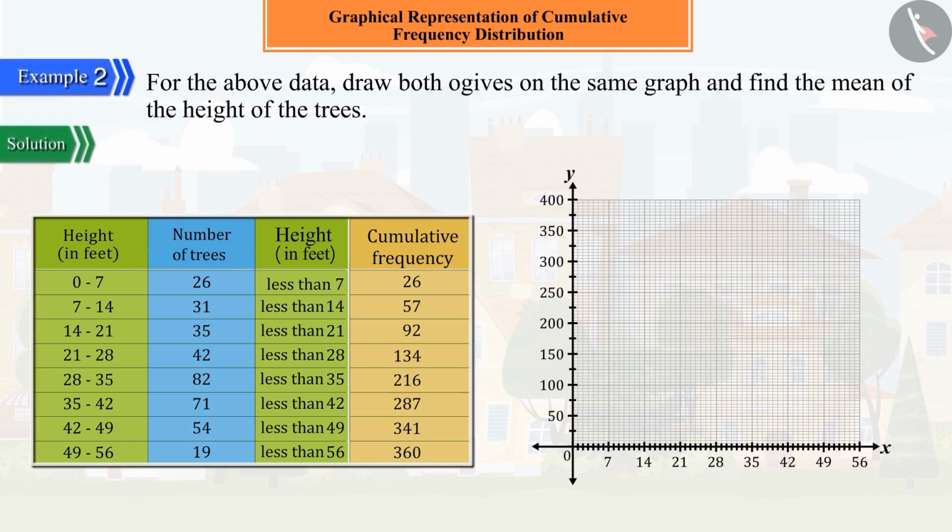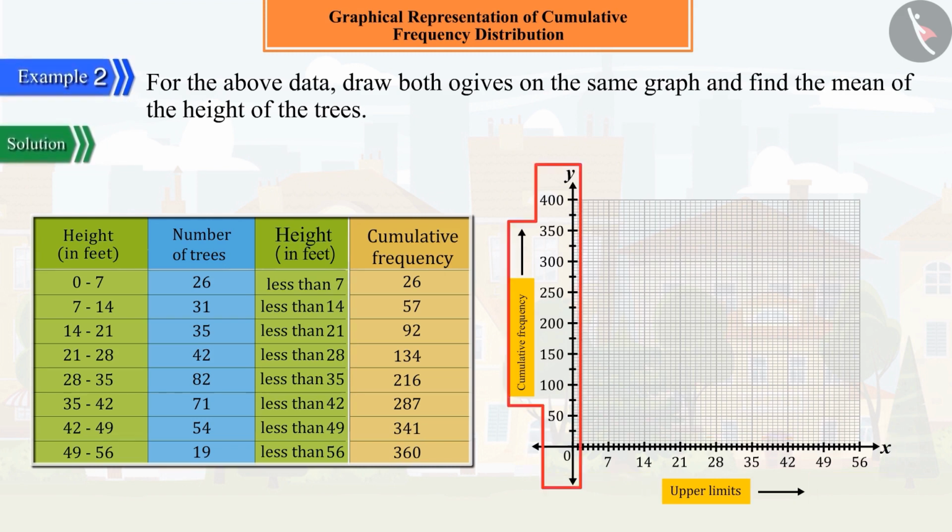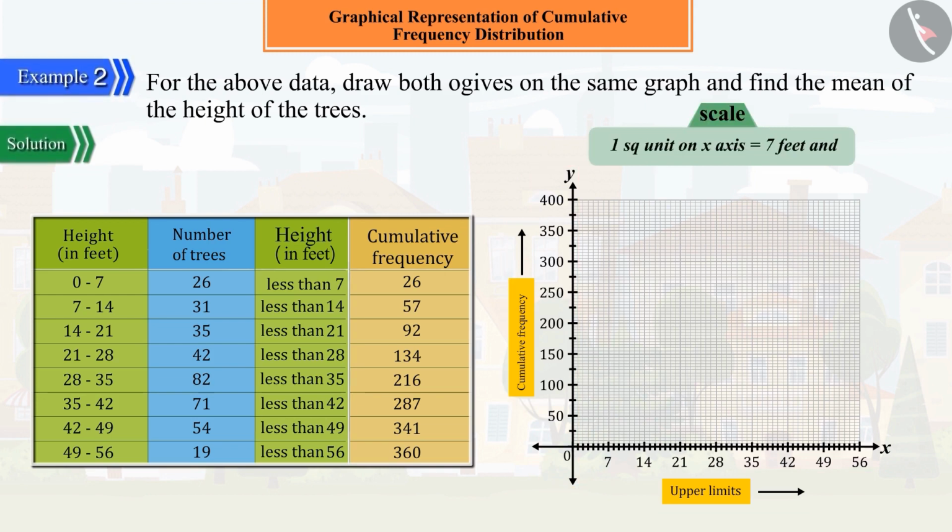Well done! To represent the data obtained from the distribution table graphically, mark the upper limits on the x-axis and cumulative frequencies on the y-axis, where upper limits indicate the height of trees and cumulative frequencies indicate the number of trees. Here, we take 1 square unit equal to 7 feet on the x-axis and 1 square unit equal to 50 trees on the y-axis.